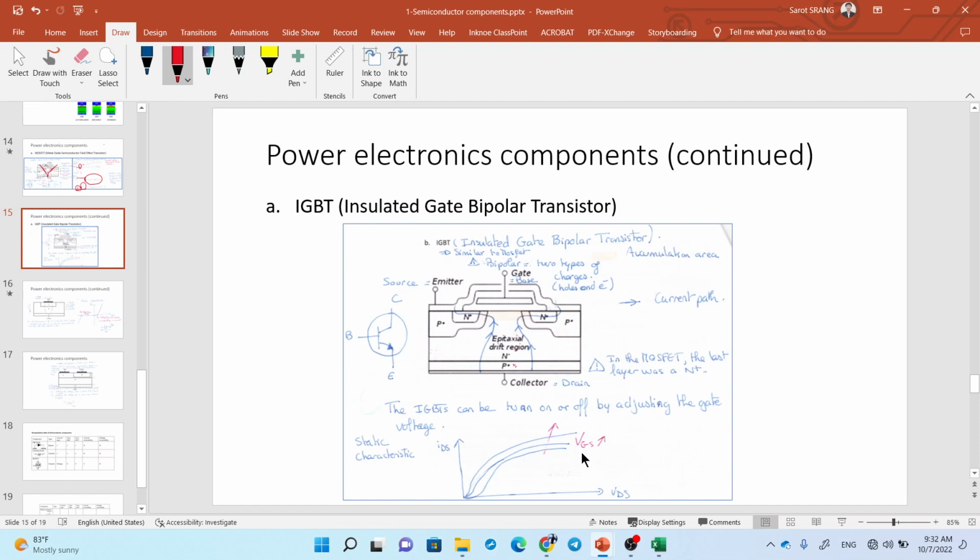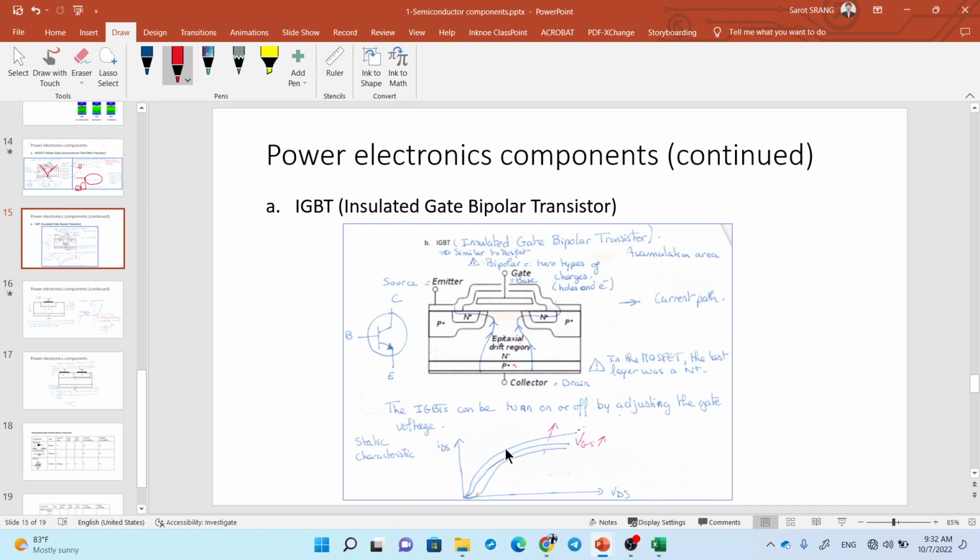And again, if VGS is not high enough, then the current is lower. You can see this curve represents low VGS, this curve represents high VGS.